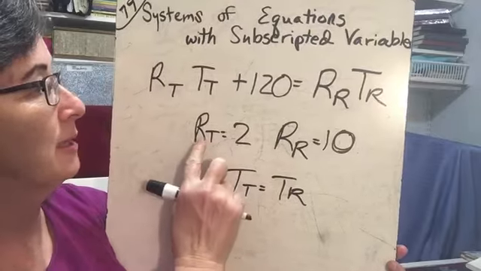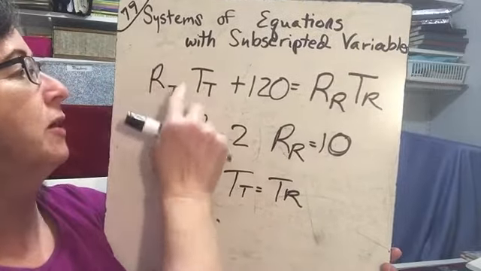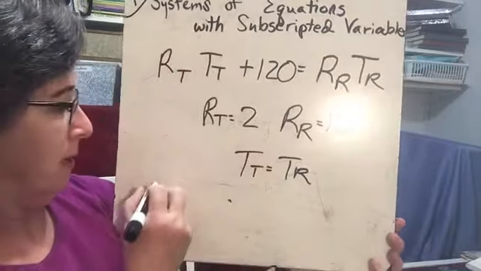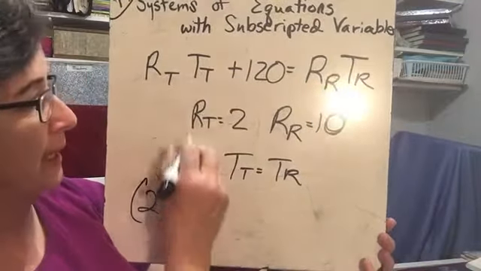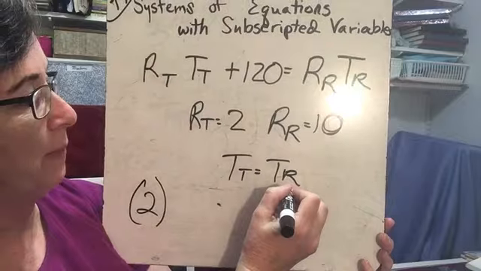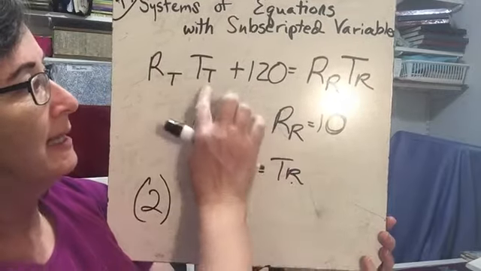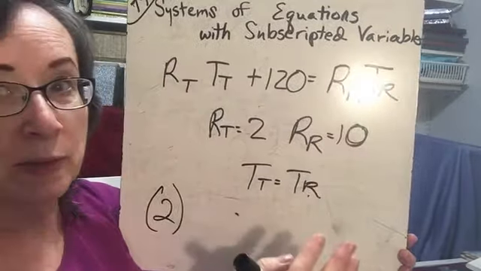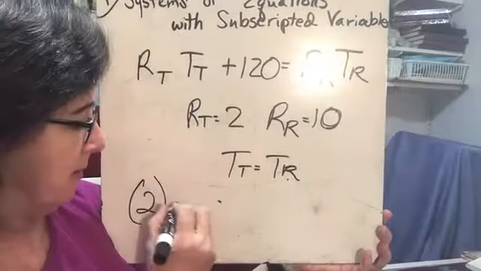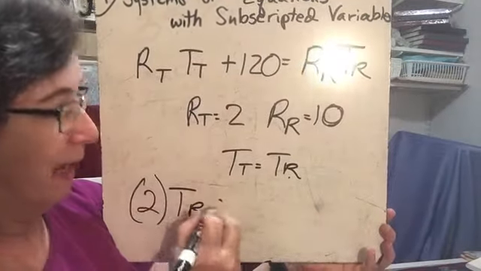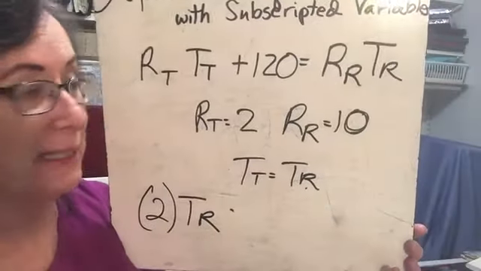So now R sub t is 2. So we're going to put the 2 right here where the R sub t is. The t sub t is the same as the t sub r. Since I don't want two variables that are unknown, I'm just going to put t sub r right here. And we're just going to make all the t sub t's equal to t sub r.